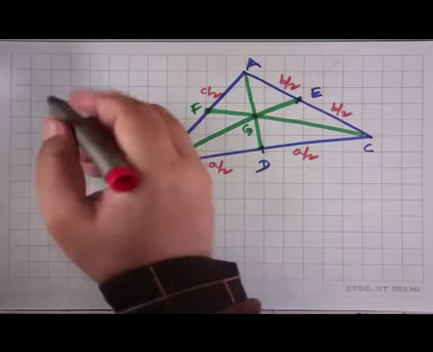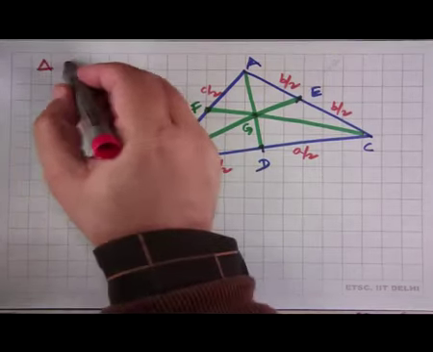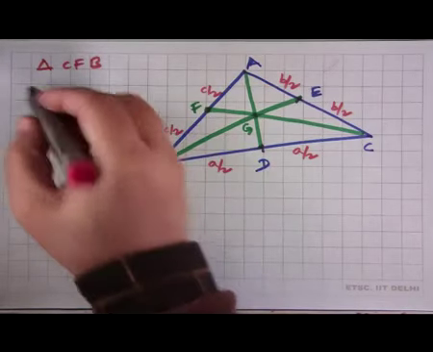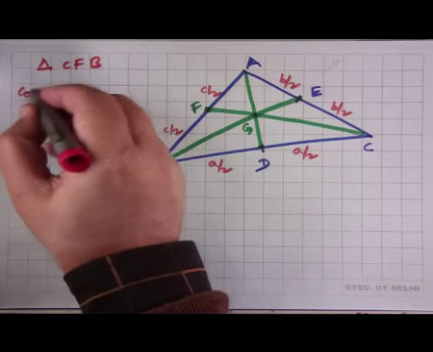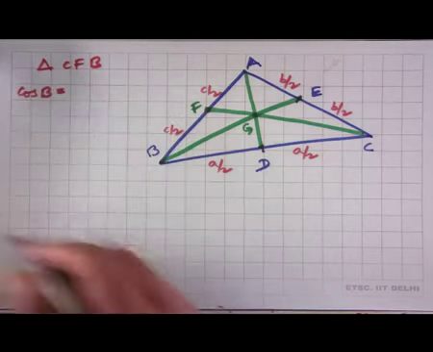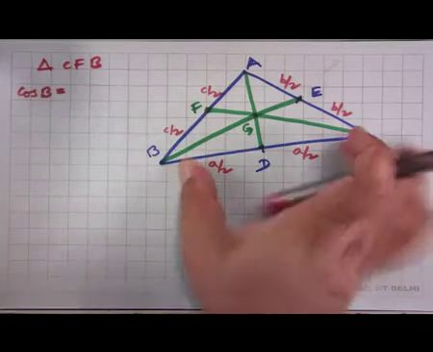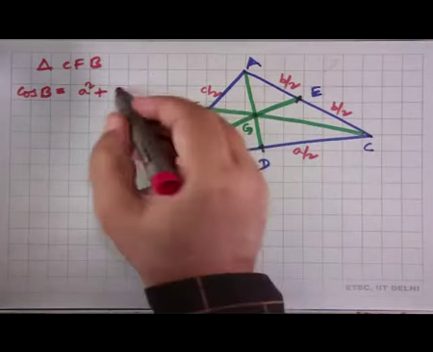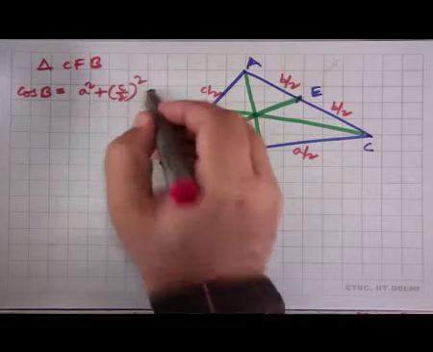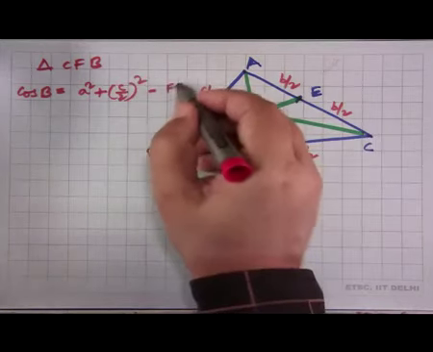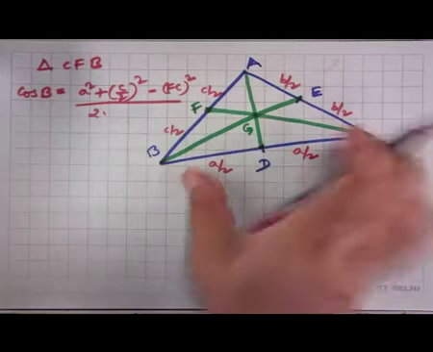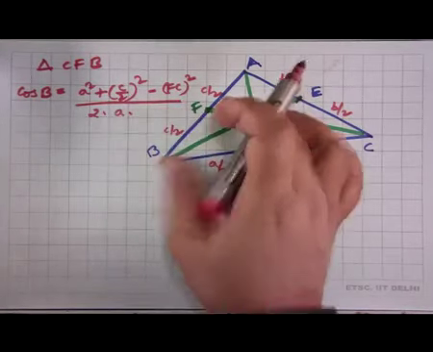So, in the triangle CFB, if we use the cosine law with angle B, then we get cos of B is equal to A square plus C by 2 whole square minus FC whole square over 2 times A times C by 2.